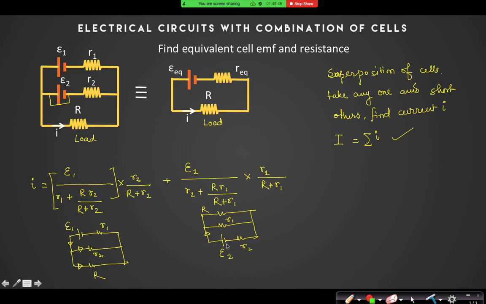What is the total current sent by E2? Is it E2 divided by R2 plus R1 by R plus R1, parallel of capital R and R1. Again here this current is divided in capital R in a ratio of small r1 is to capital R. So small r1 divided by R plus R1.